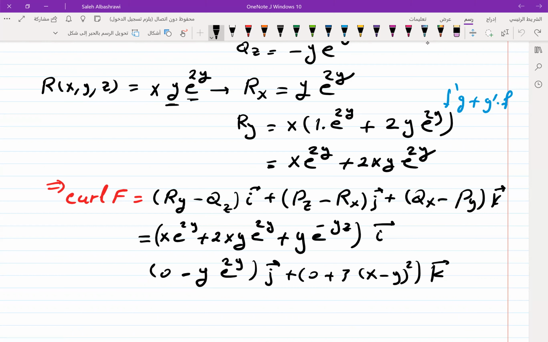R sub y minus q sub z i plus p sub z minus r sub x j plus q sub x minus p sub y k. One more.